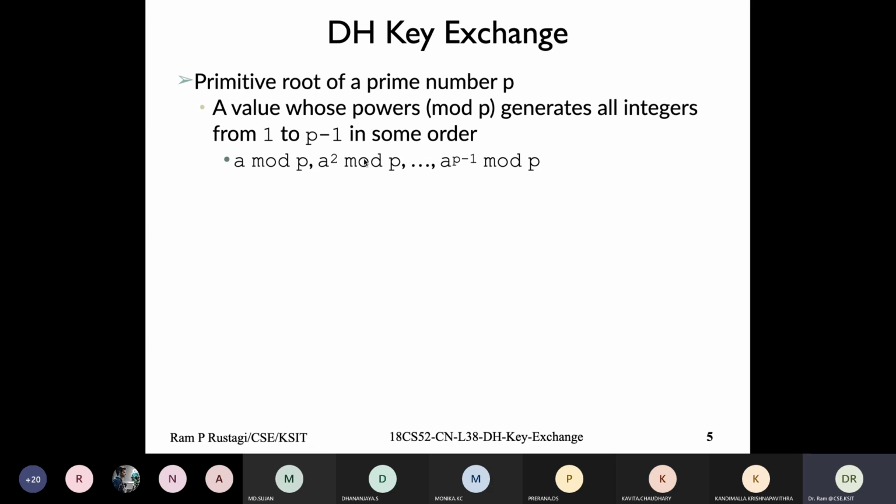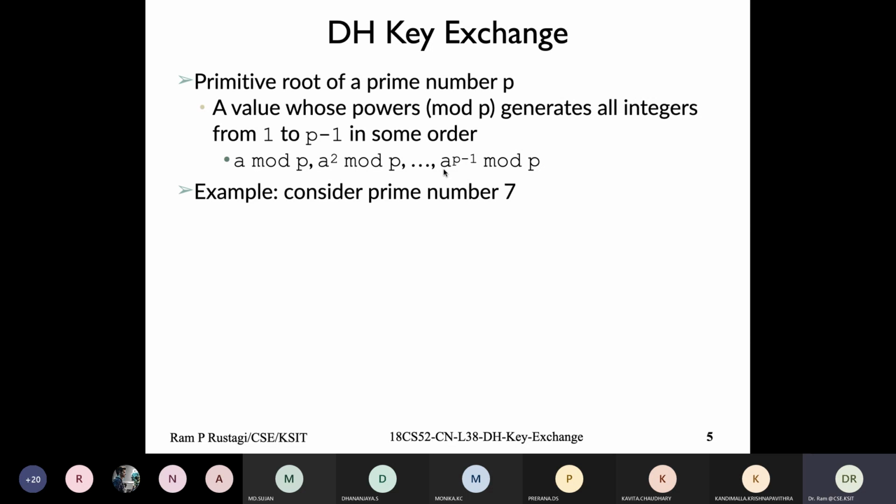For example, we choose a number a: a mod p gives some value, a squared mod p gives some value, a cubed mod p gives some value, a raised to power p minus 1 mod p gives some value. I have p minus 1 numbers, and these give me 1 to p minus 1. If that happens, then a is called a primitive root of the prime number p.